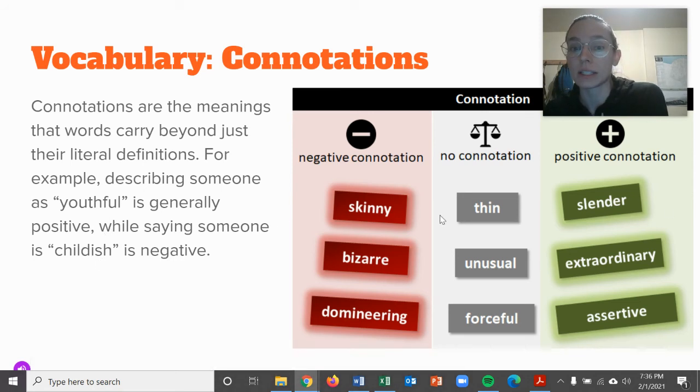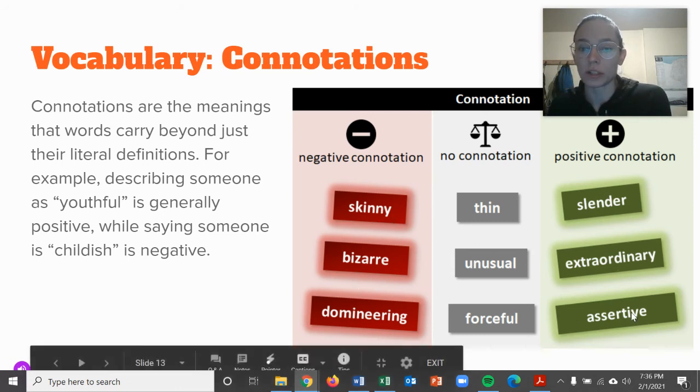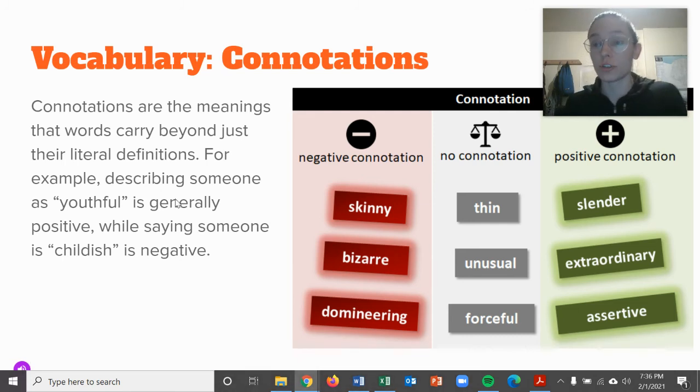You can see more examples here on this slide, right? Slender has positive connotations. Thin, neutral. Skinny or emaciated, that would be a negative connotation. So you got a couple more examples here. As you are reading chapter 2 and answering these questions, I want you to think about the connotations of the words that the narrator uses to describe the Breedlove's house, right?